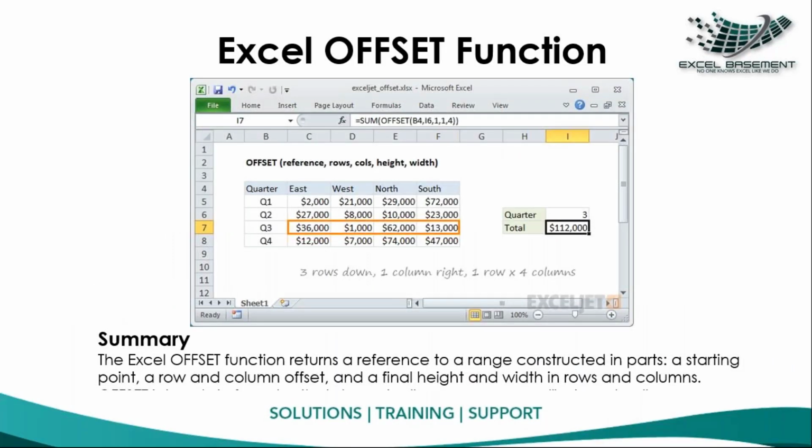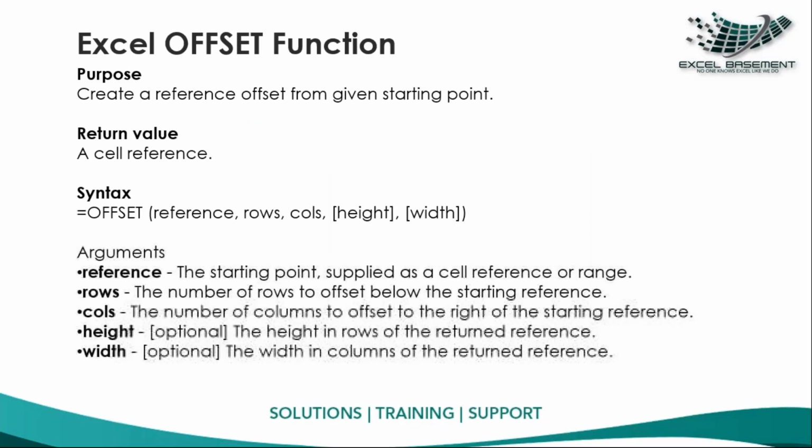So for the offset function's first primary example, as you can see on your screen, in this screenshot I have used the sum function and the offset function. Technically it's a screenshot from a website called ExcelJet. These are the technical side of the Excel offset function.